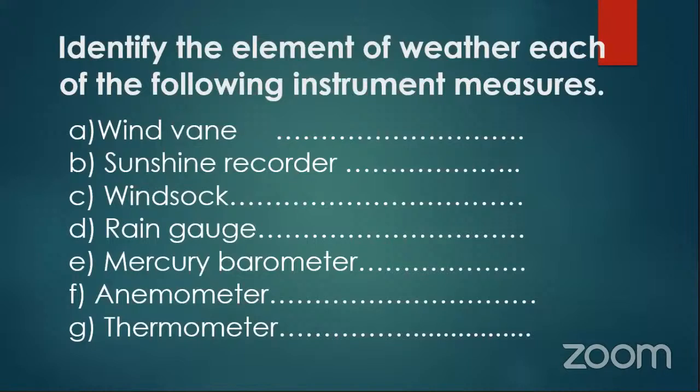Now, when we go to the sunshine recorder, we have said that it measures the duration of the sunshine. It is used to record the hours or minutes of sunshine in a place. Are we together? So I want to hear someone. How does the sunshine recorder record sunshine?